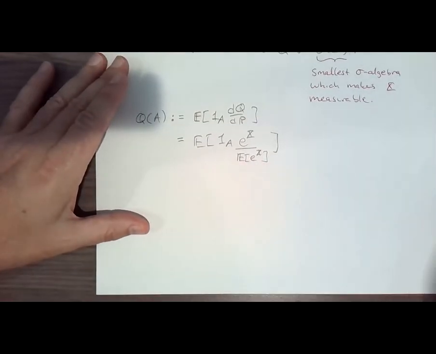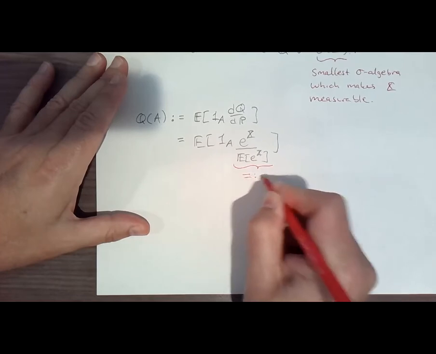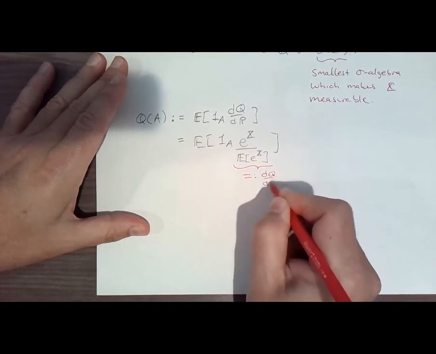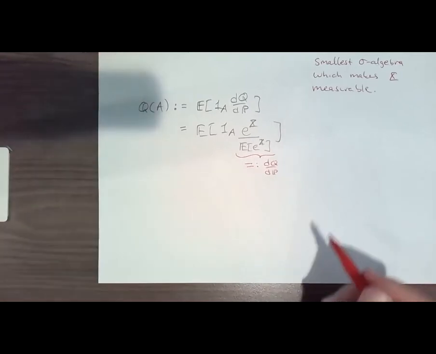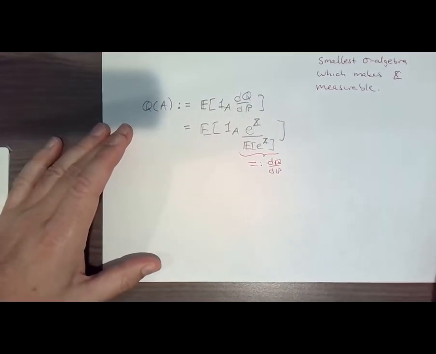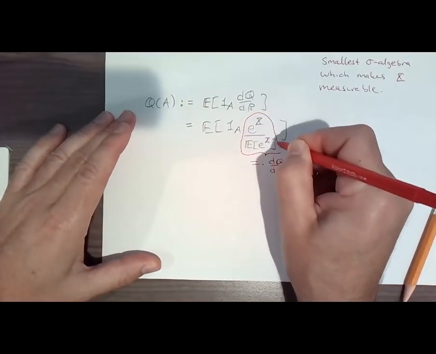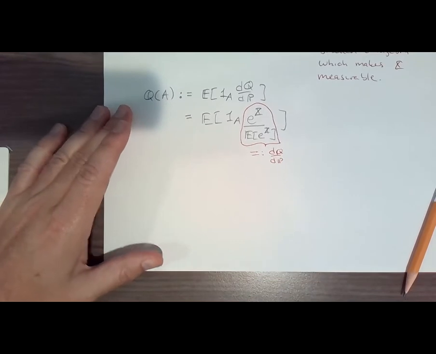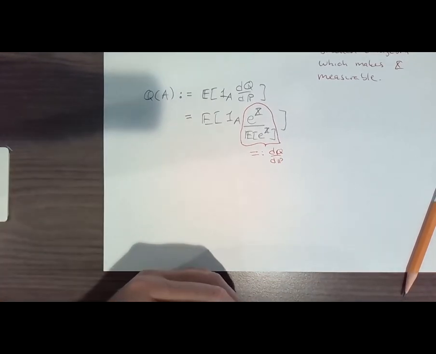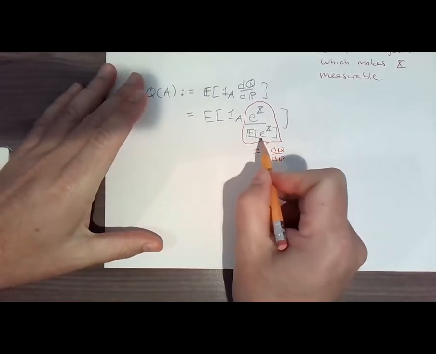Right, so this here is my Radon-Nikodym derivative. This is my dQ/dP. It's this thing here, this box here. And of course, I can plug in here what the expectation was.